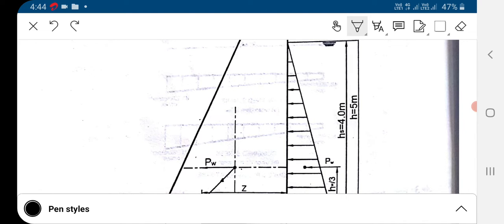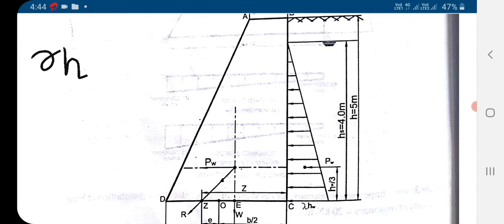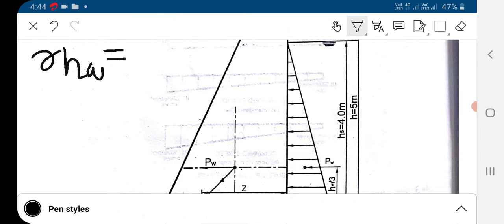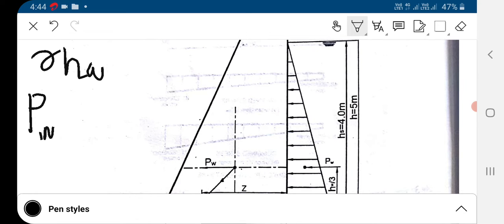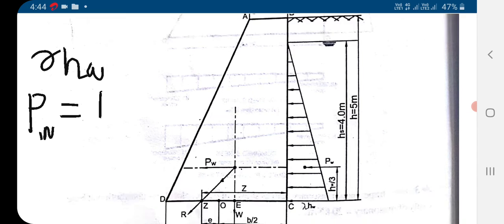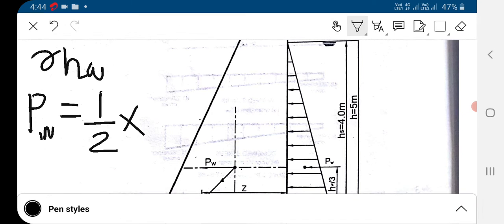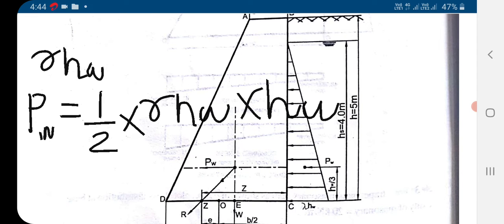Its intensity at the base is gamma into HW. Based on that we can compute the total pressure PW, which is the area of that triangle: 1 by 2 into base, that is gamma into HW, into height, that is HW.